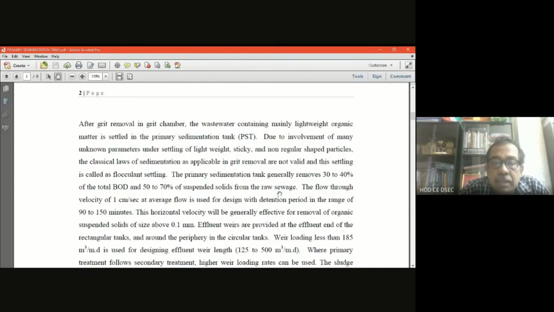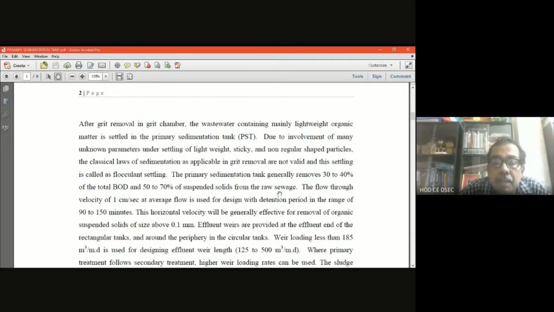So the heavy grit particles here we will not consider. The main focus of the treatment in this primary sedimentation tank is the settlement of the lightweight organic matter.